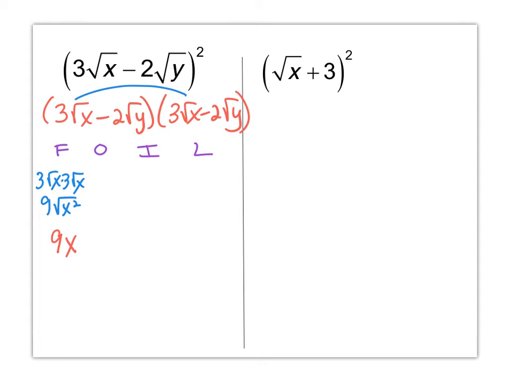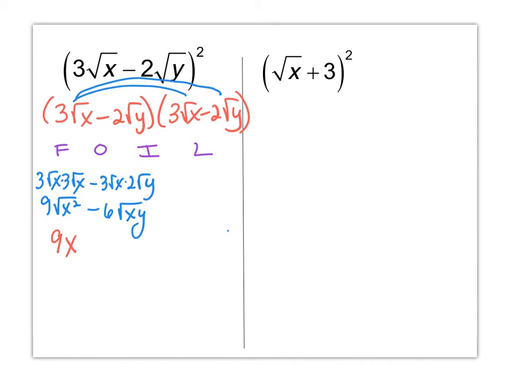Our outer term can be written as 3 square root of x times minus 2 square root of y. So minus 3 square root of x times 2 square root of y. And that can be simplified by multiplying the coefficients 3 times 2 to get minus 6 square root of xy.